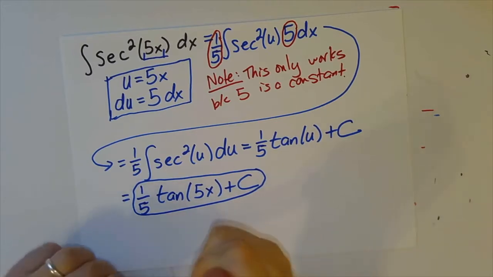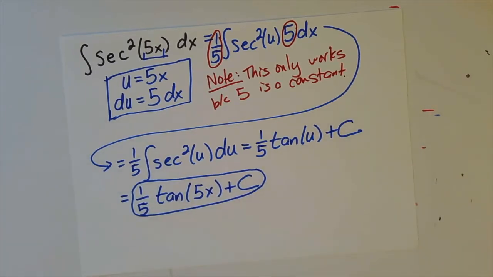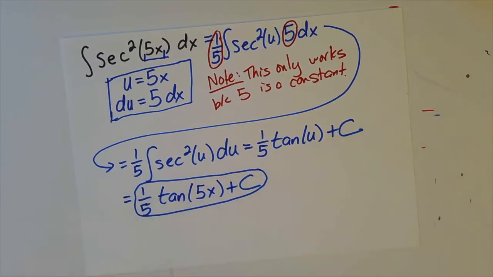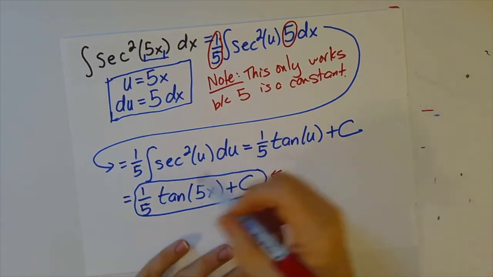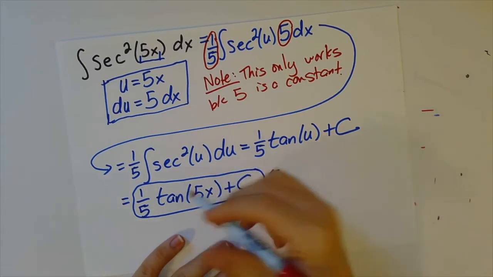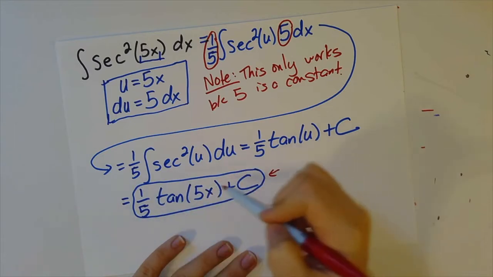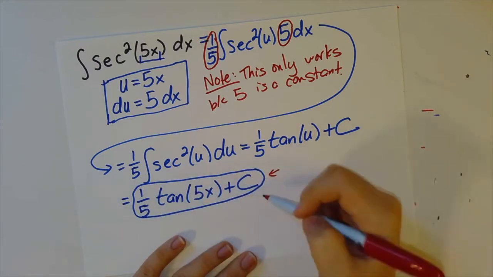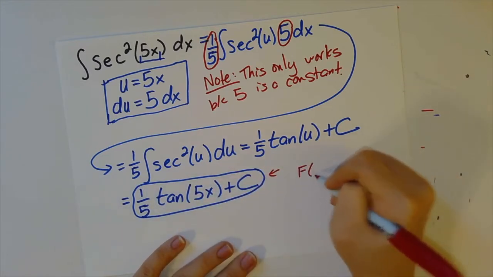Now, if you're at all concerned that you might have done something wrong, you can go back and take the derivative of this to make sure that you get what you're supposed to. So I'll do that just in this example. I'll take the derivative of 1/5 of tangent of 5x. That's going to be a chain rule question.